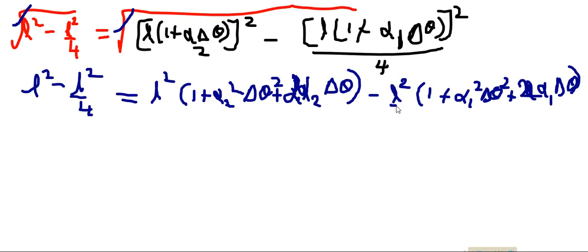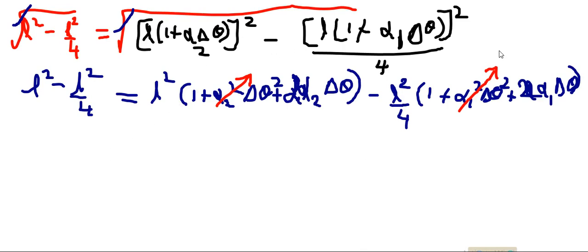We can write the whole thing as L square by 4 multiplied. From this, the square of the coefficient terms are almost going to be 0, the square of the coefficient alone.